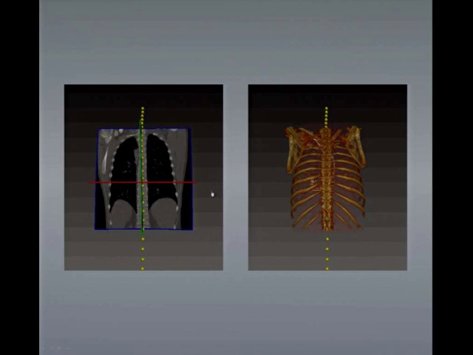So I can see all the vertebrae in one frontal view, which is very useful from a trauma doctor's point of view, something which without our technique would be just impossible to do.